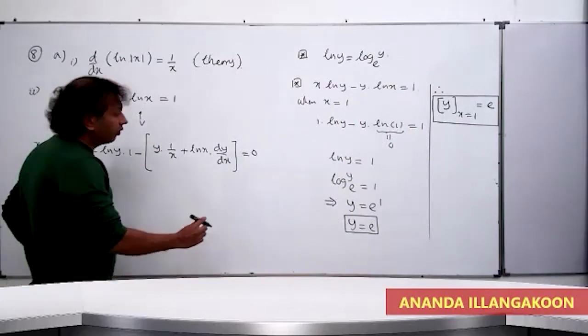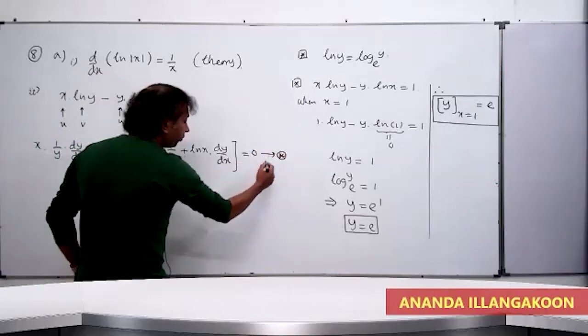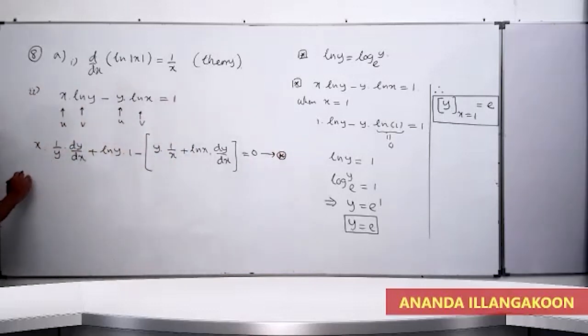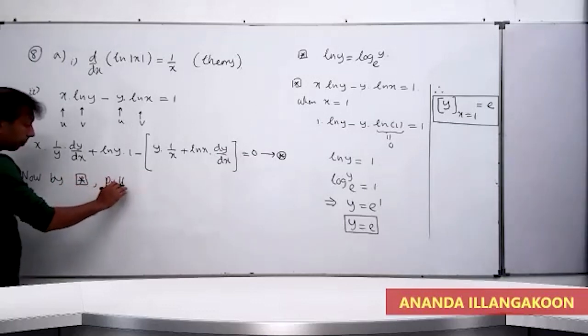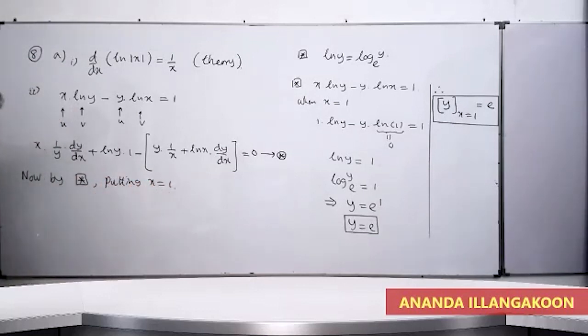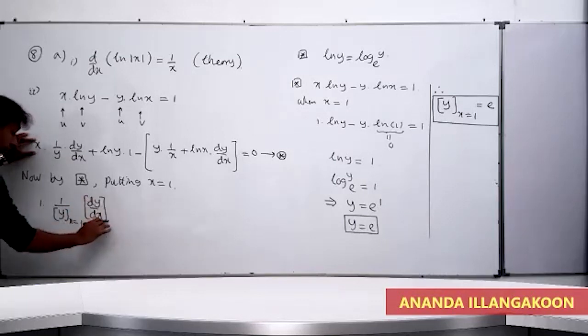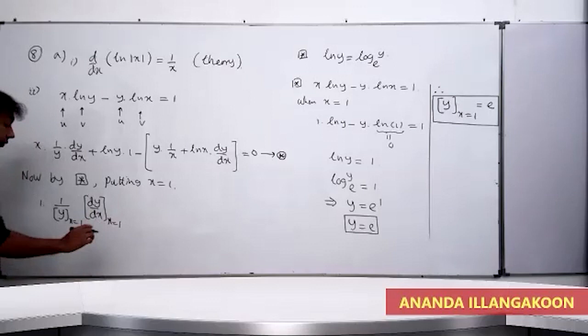Now, people, we will come to this. I'll take this as star. Now by star, put in x equals 1. x equals 1, right? So then what do you get there, people? Here, x equals 1, 1 upon y, we write here x equals 1, and here dy by dx at x equals 1, right?